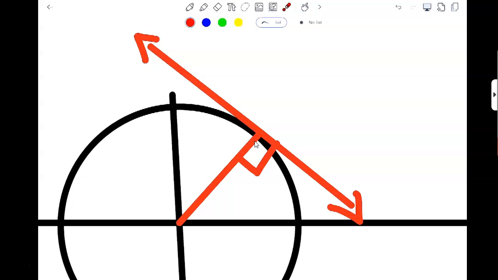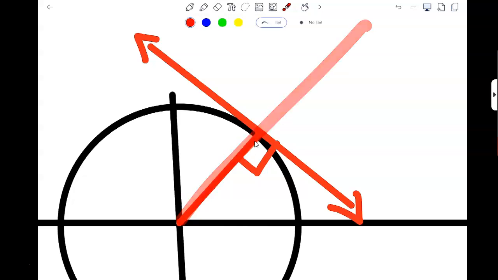Then I know that the tangent and the radial line are actually perpendicular. That's a result from geometry. So this line has to be perpendicular to the line of slope 1. From that, we know that for the slopes of perpendicular lines, one is the opposite of the reciprocal of the other.